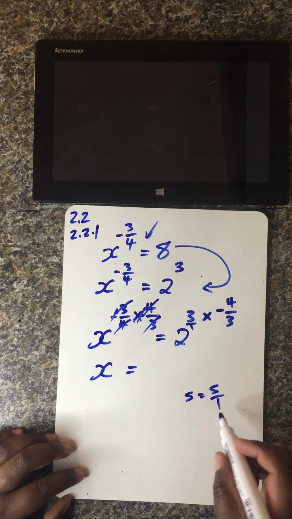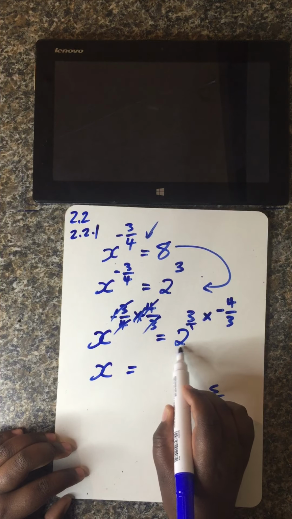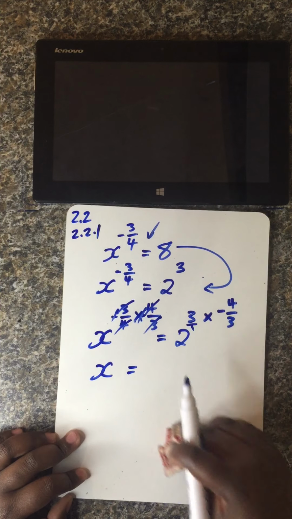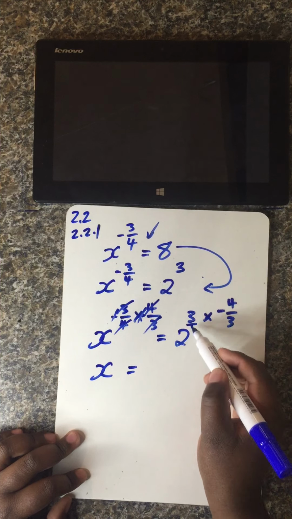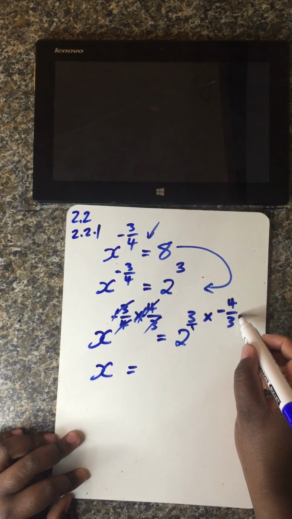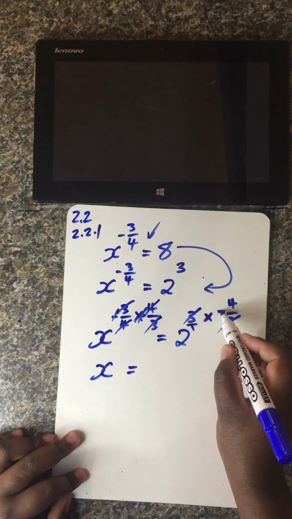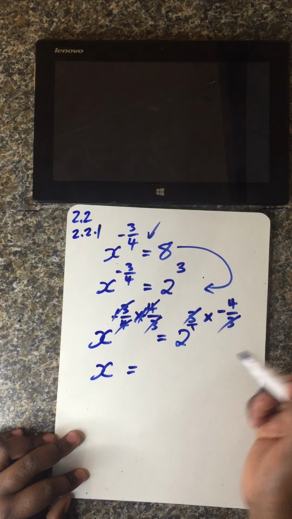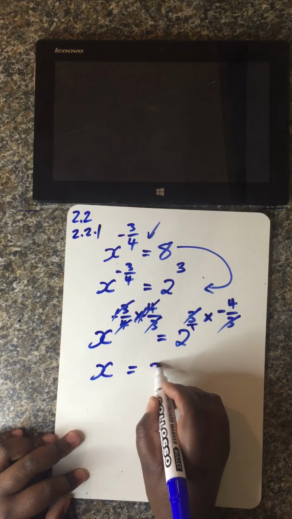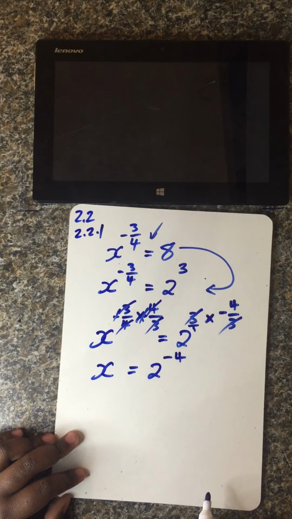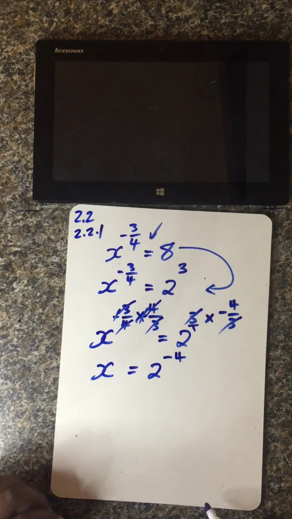So don't be surprised when I say this is the same as 3 over 1. Remember, this cancels, this cancels. So you're remaining with negative 4 over 1, which is the same as negative 4. So that means you've got 2 to the exponent negative 4. Very, very much important.